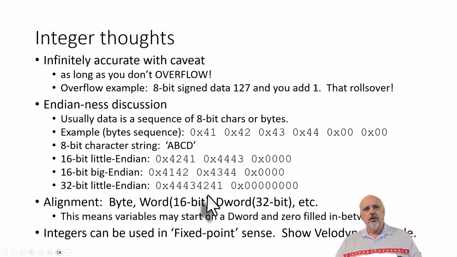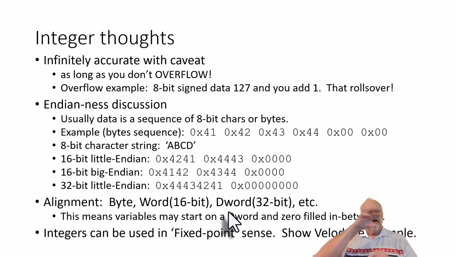32-bit words are sometimes called double words or D words. A word is sometimes referred to as 16 bits, and a double word is 32 bits. What can happen is if you look at some raw data and print out what it looks like in hex, you may see patches of zeros in there, because the program or the compiler that's placing your data may want to start data on a D word boundary.